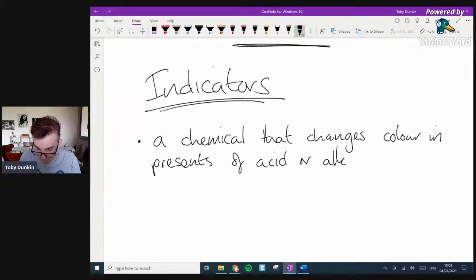And I'll actually put alkali, because it does need to be an alkali, as you can't use an indicator with just an insoluble base. So I can use the word alkali there.